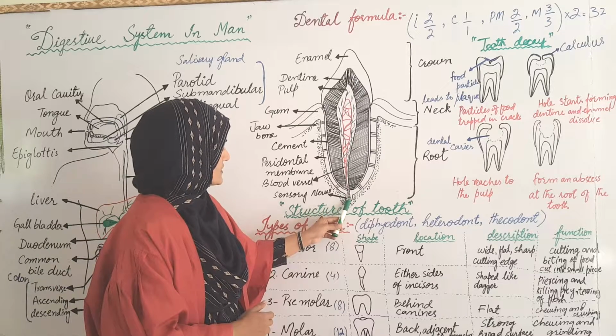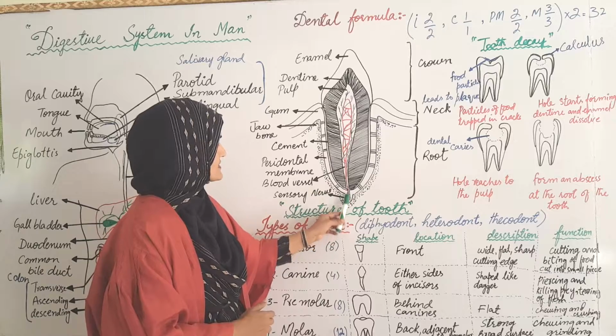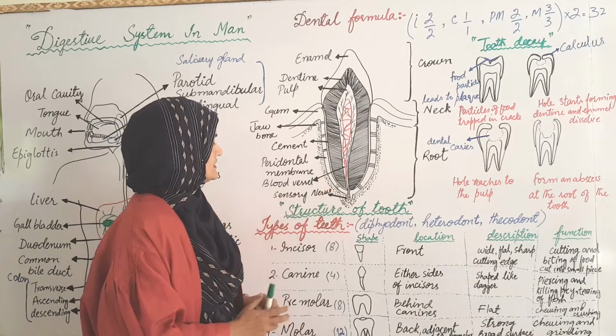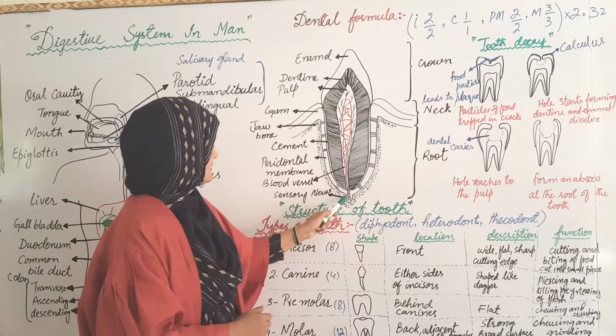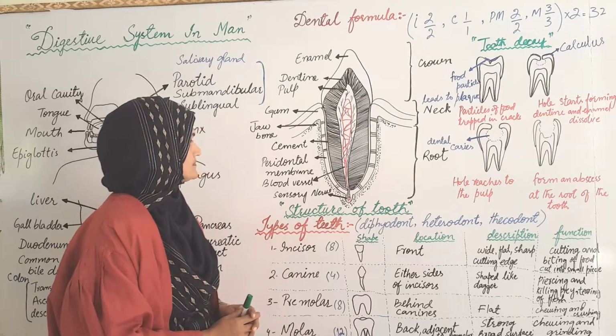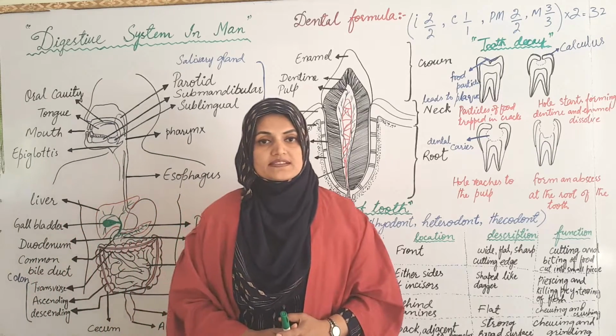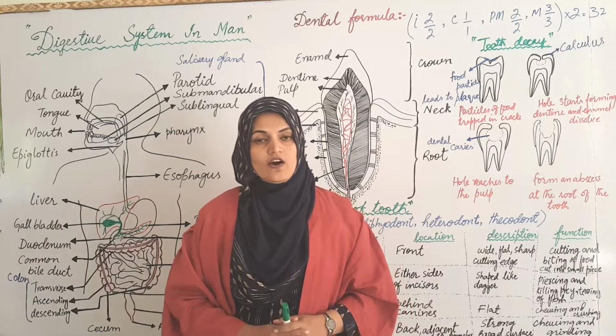At the ending of the tooth, sensory nerves and blood vessels enter inside the tooth, and here the blood vessel and sensory nerve endings are present. This is the basic structure of the teeth of humans.